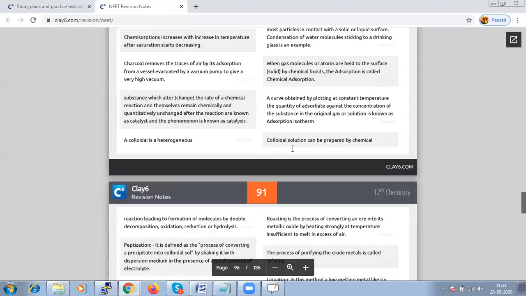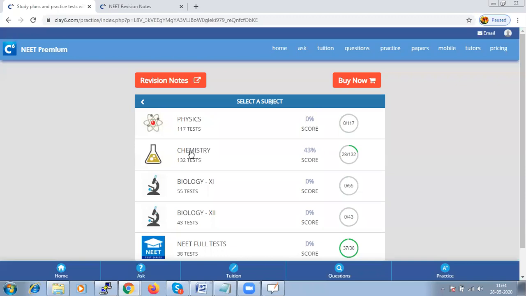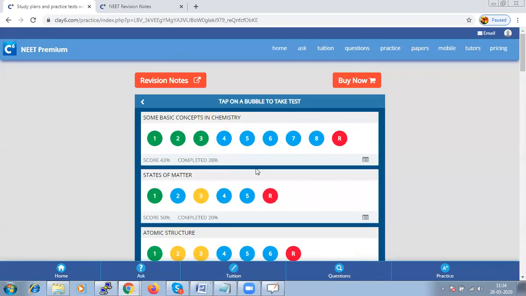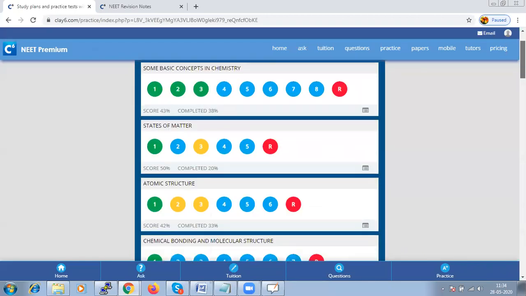And based on our analysis, let us try taking a test from this chapter. So here, if we go to chemistry, we have chapter-wise tests available, and each bubble represents a test.